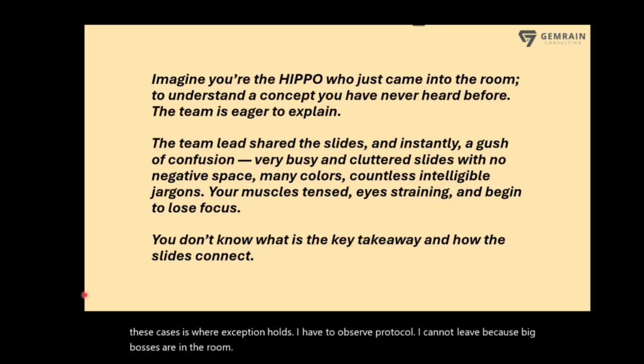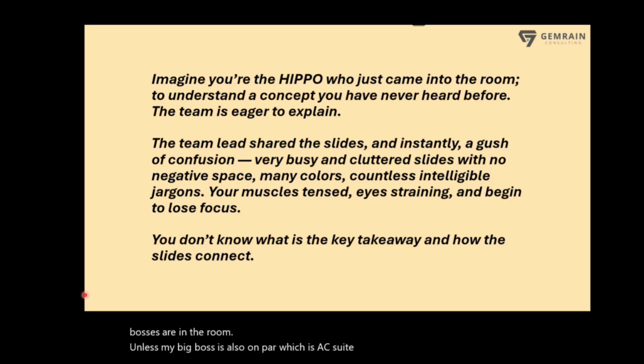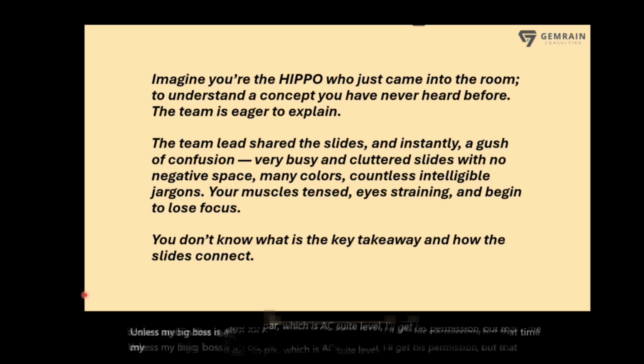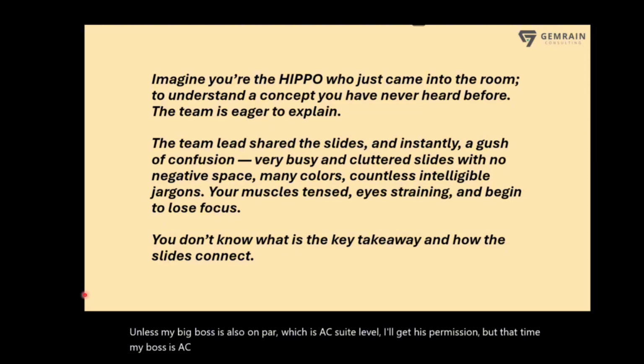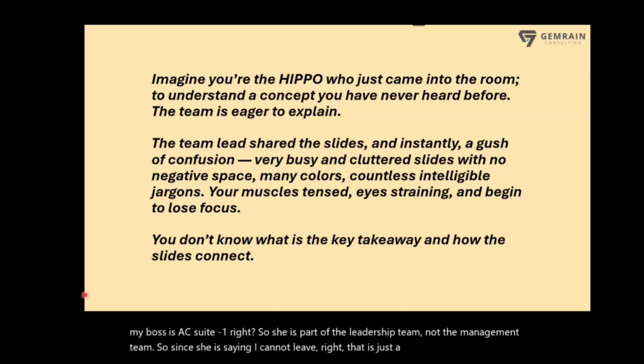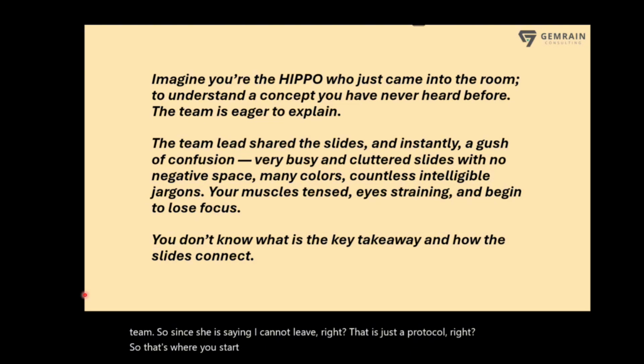Unless my big boss is also on par, which is C-suite level, I'll get his permission. But at that time, my boss is C-suite minus 1, right? So she is part of the leadership team, not the management team. So since she is staying, I cannot leave, right? That is just a protocol, right? So that's where you start to lose focus. And we don't want that to happen.